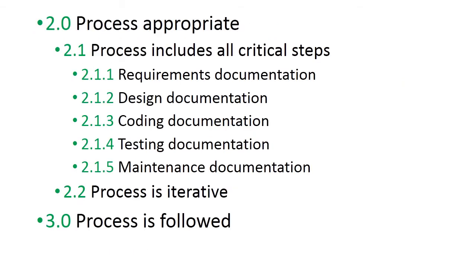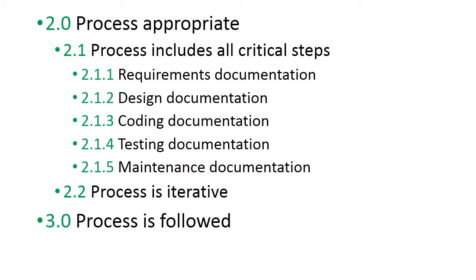The second point says process appropriate. This means that the person who is developing the LIMS software must select appropriate processes. These processes are approved by the quality assurance unit and regulatory agencies.